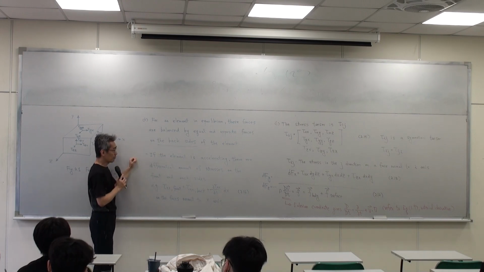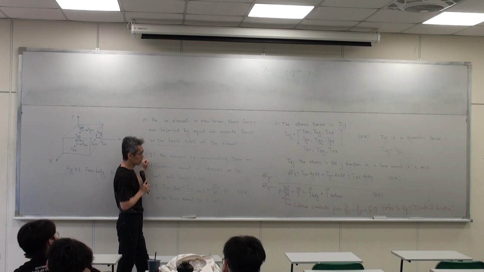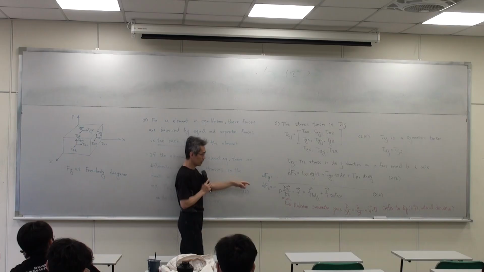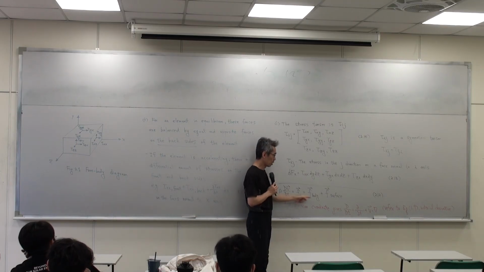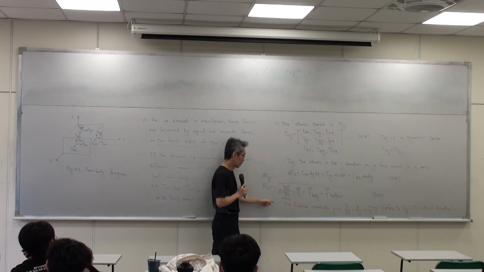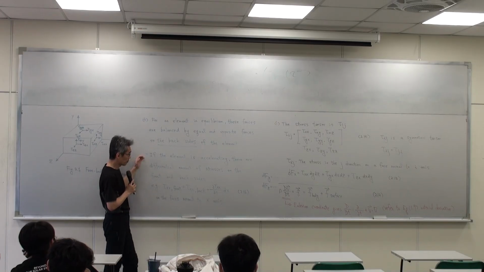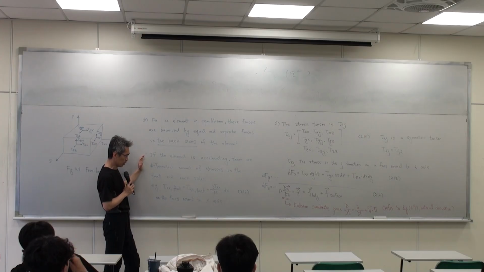But if there is acceleration, there is an external force causing it. You have an external force, whether body force or surface force, and it will cause acceleration. So if there is acceleration, that means there is some stress difference.